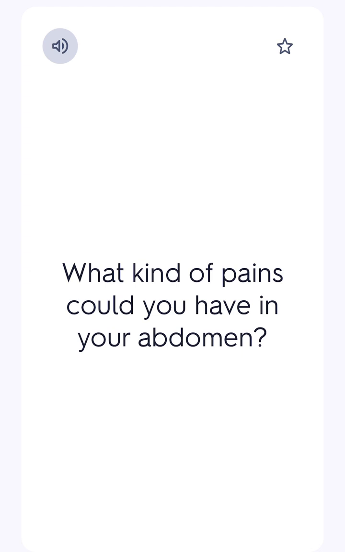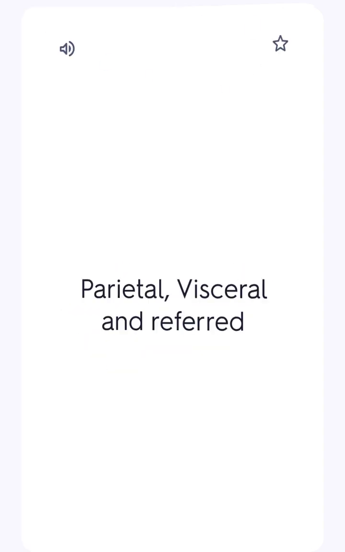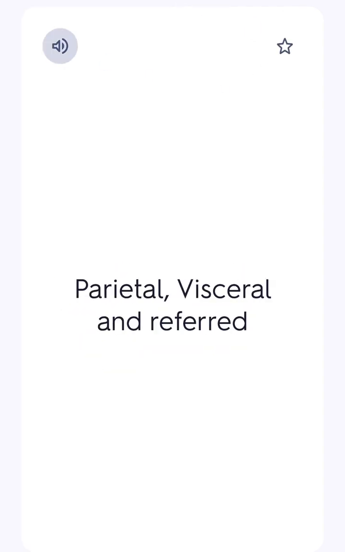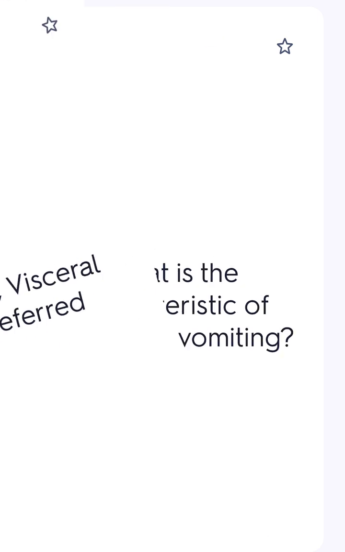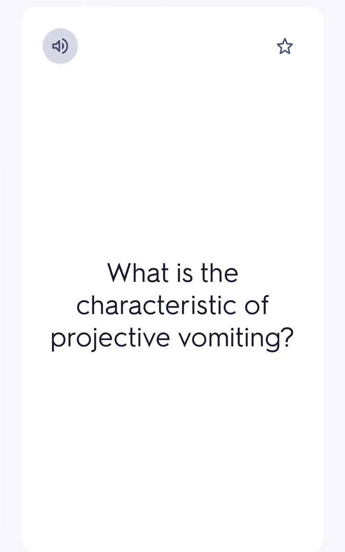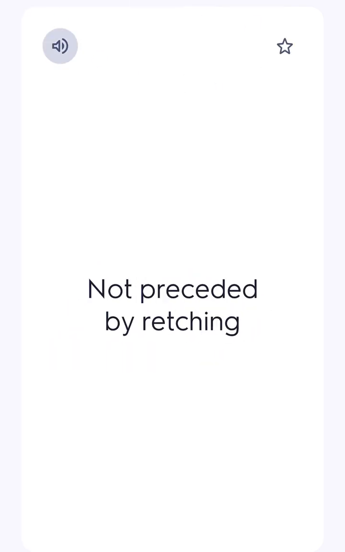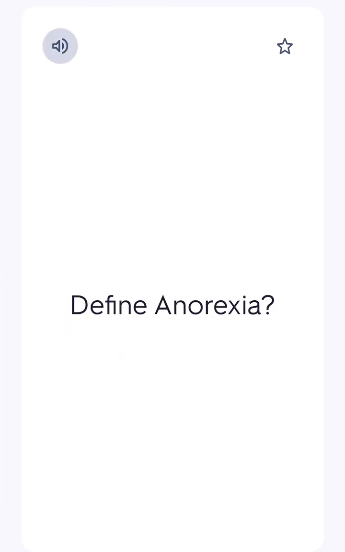What kind of pains could you have in your abdomen? Parietal, visceral, and referred. What is the characteristic of projectile vomiting? Not preceded by retching. Define anorexia.